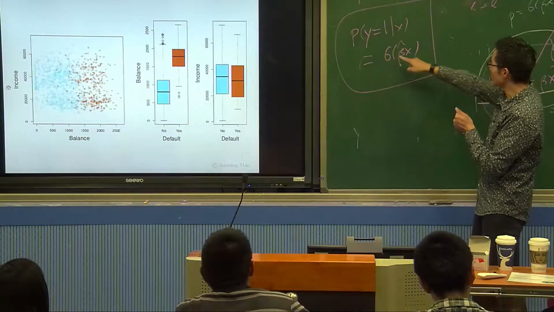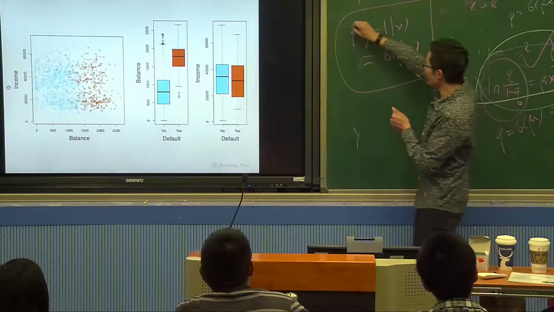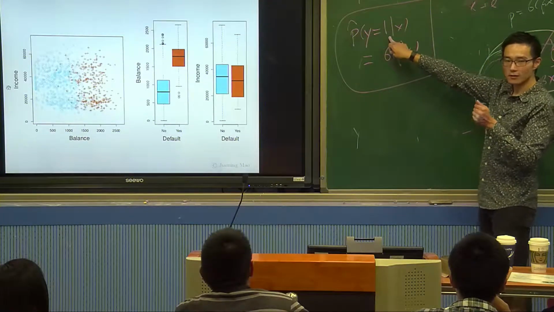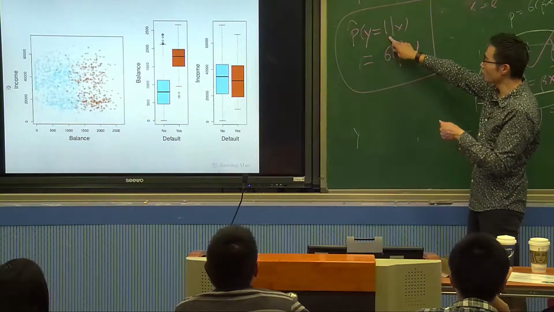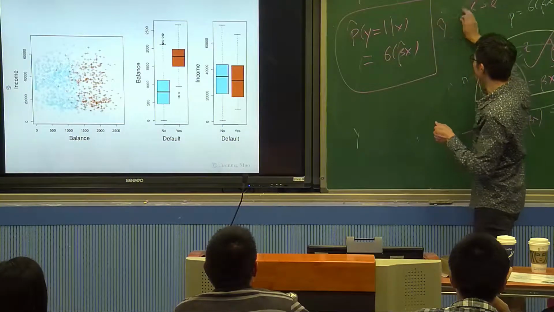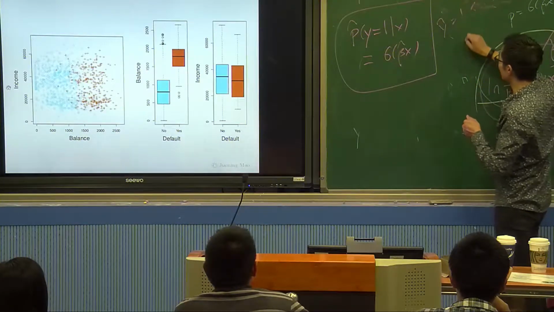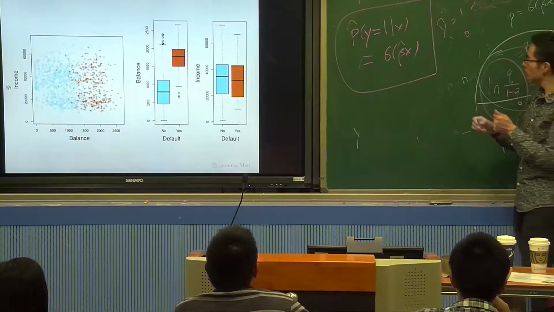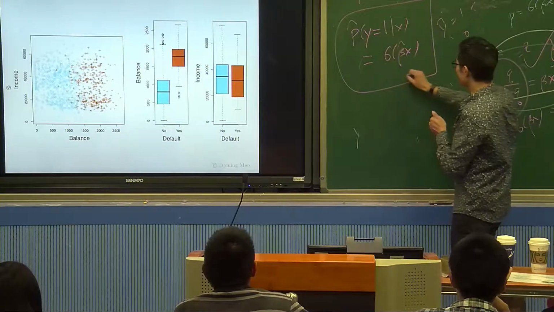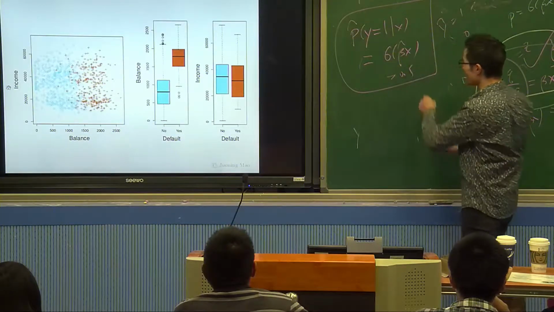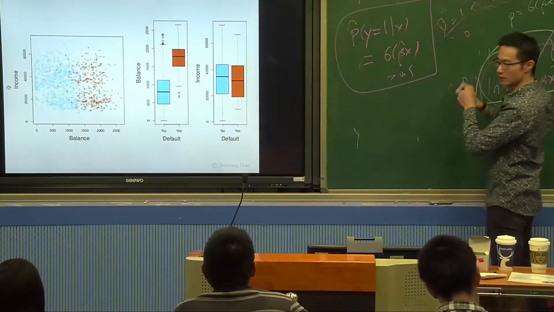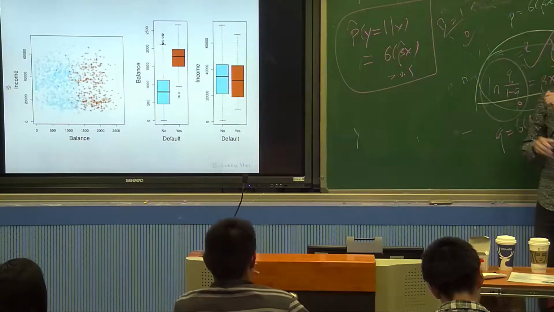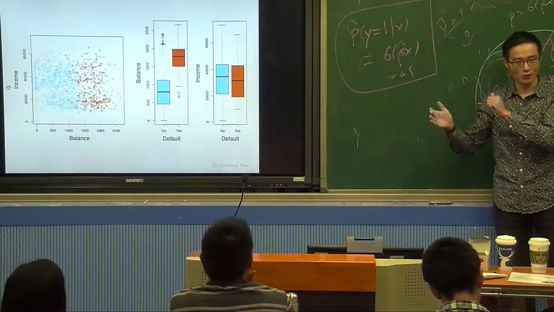So sigmoid of beta hat x is my estimate of the probability that y equals 1. Given this probability, how do I decide on y hat? Shall I say y hat equals 1 or y hat equals 0? So far we have used the rule that if this probability is larger than 1/2, I say y hat equals 1, and if it's smaller than 1/2, I say y hat equals 0.